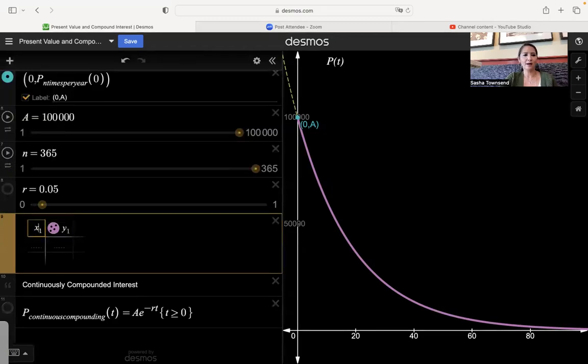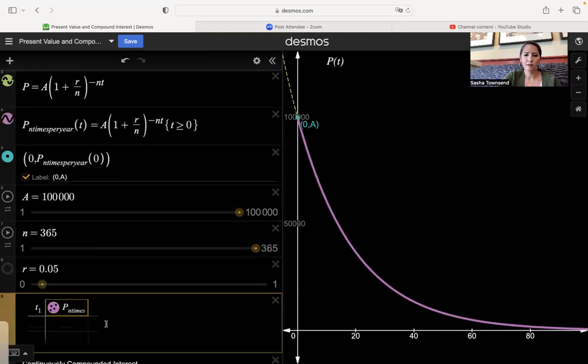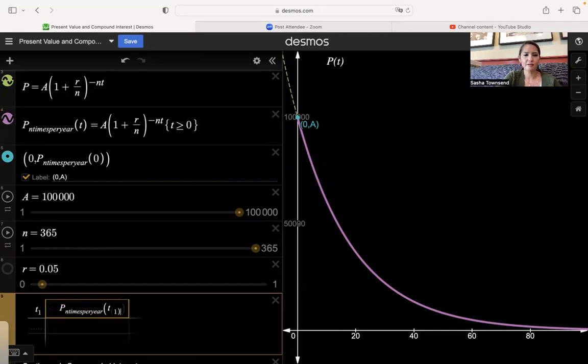Instead of calling it X1, Y1, I'm going to call that T1. And then the principal value, but that principal value can be given by that function. I had P sub N times per year. I want that evaluated at T1.